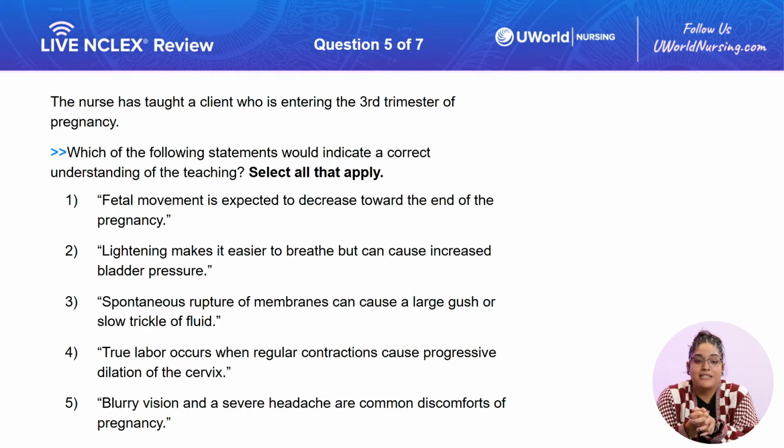Option 3, spontaneous rupture of membranes can cause a large gush or slow trickle of fluid. Option 4, true labor occurs when regular contractions cause progressive dilation of the cervix. And option 5, blurry vision and a severe headache are common discomforts of pregnancy. So what do you know about the 3rd trimester of pregnancy? Let's see.